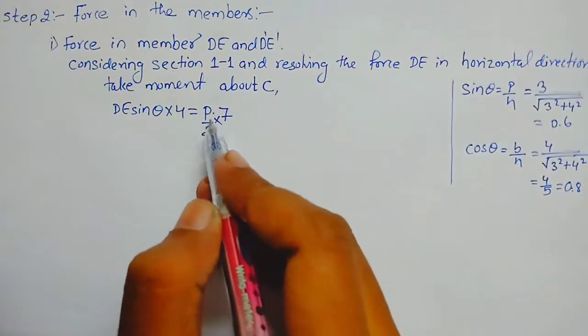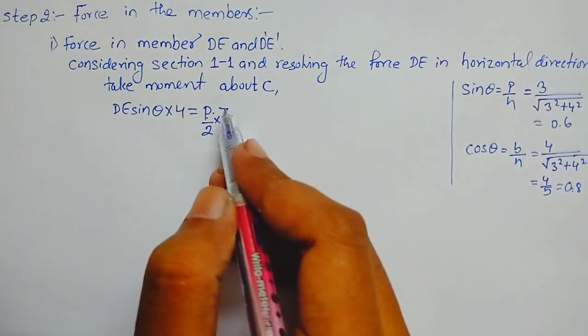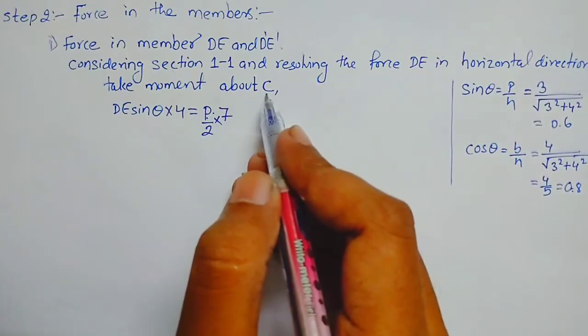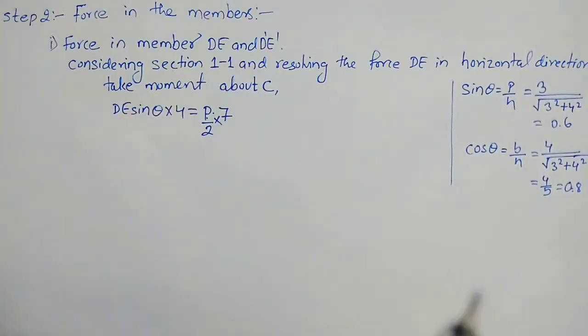The force at the point of contraflexure was P by 2, and the distance of the point of contraflexure from point C is 7 meter. 4 plus H by 2 is 7.